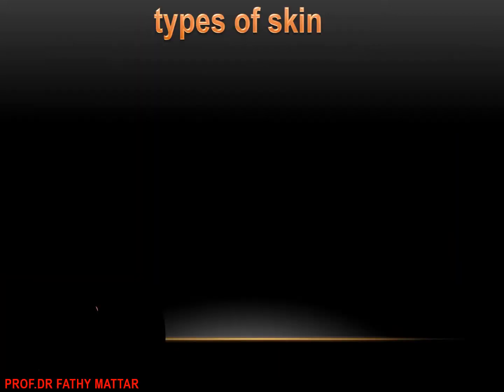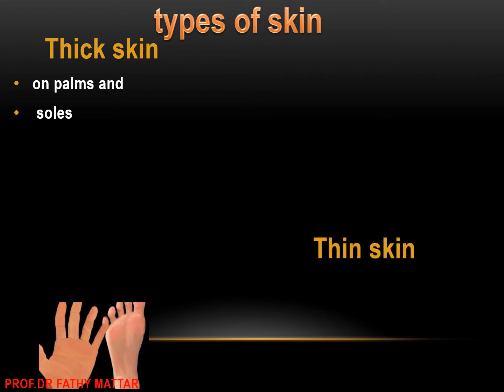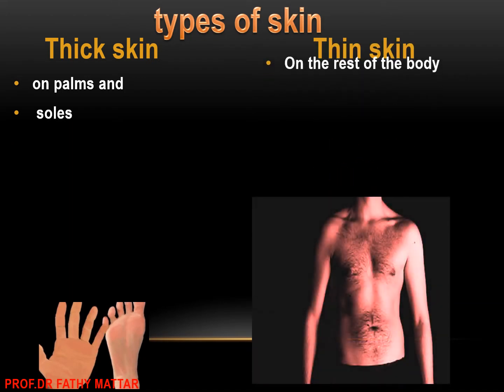Types of skin. There are 2 types of skin in the human body: thick skin, which is found on the palms of the hands and the soles of the feet, and thin skin, which is found all over the rest of the body.